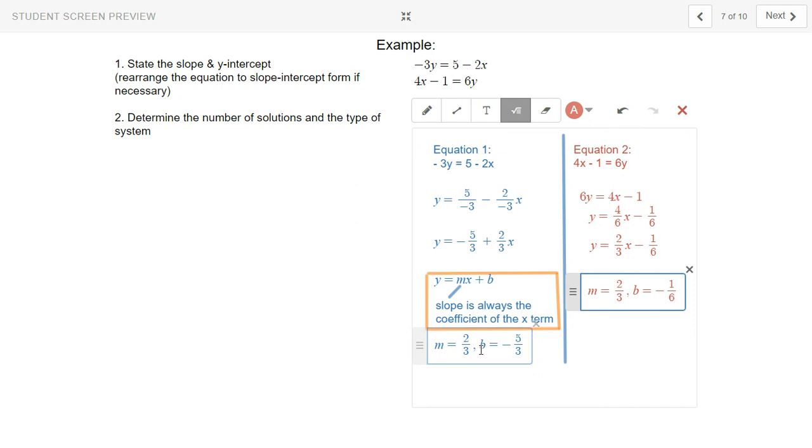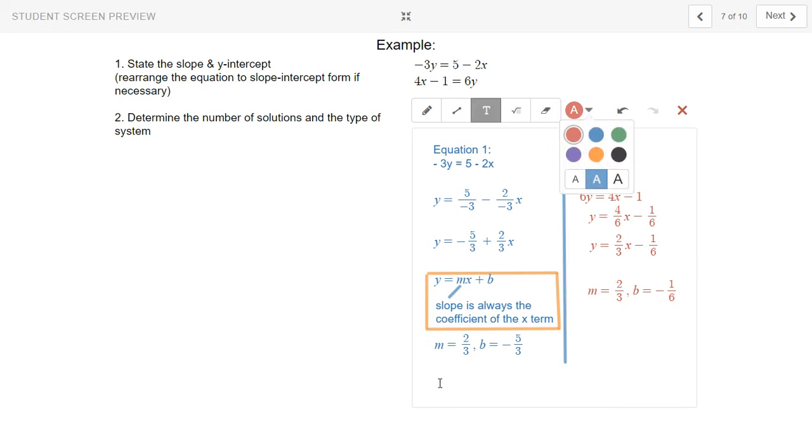We've got the same slope here, but we have a different y-intercept. What that tells us is we've got two lines. They're parallel to each other, but they're not exactly the same line. And we know that because the b is a different number.